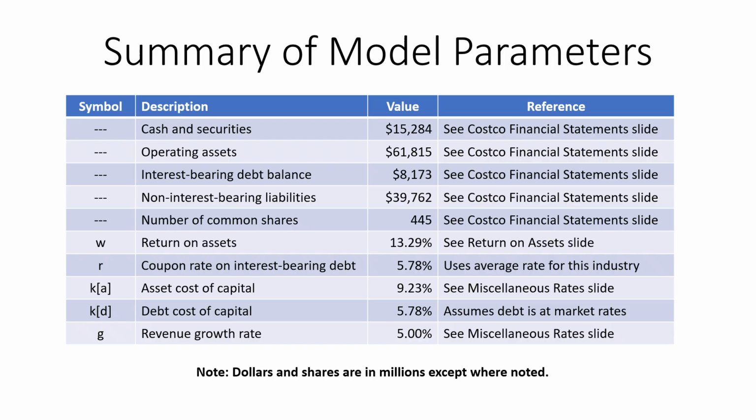And then the last item there is a revenue growth rate, which we're going to assume is 5%, and that comes from the miscellaneous rate slide. And note that we're assuming that the ratio of assets to revenue is constant. So if revenue grows at 5%, assets grow at 5%, and that is the rate that we, at the end of the day, need.